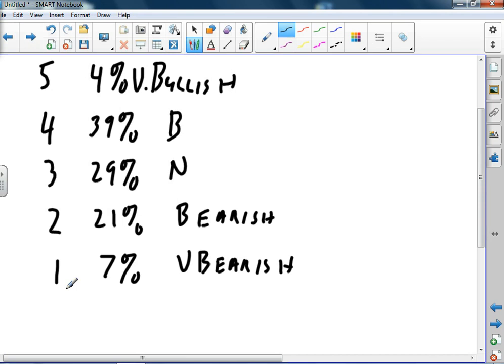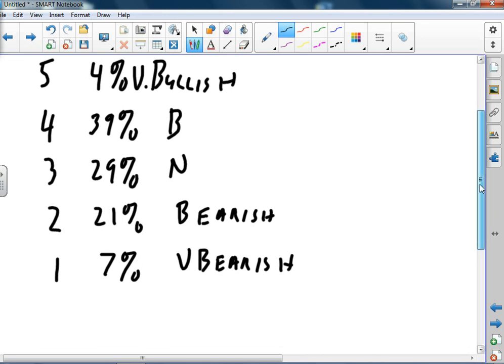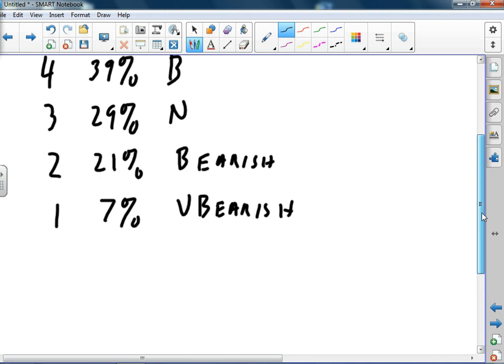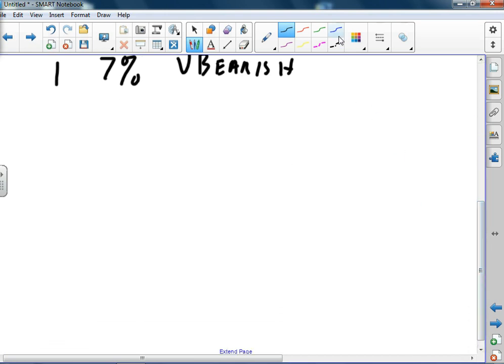Develop a probability distribution for the level of optimism of the investment managers. Okay, so you got all that memorized? I'll move down some. So x is 1, 2, 3, 4, 5.